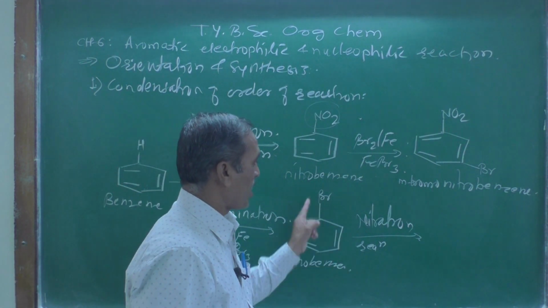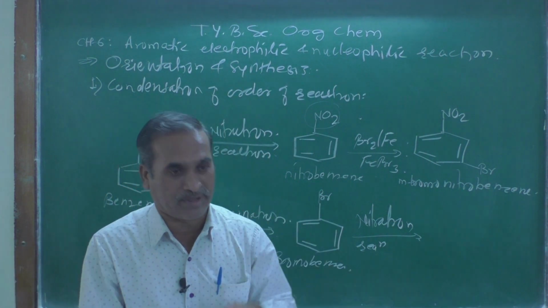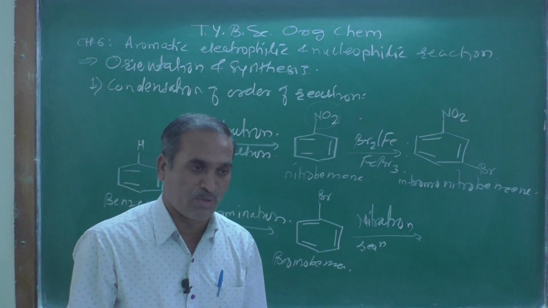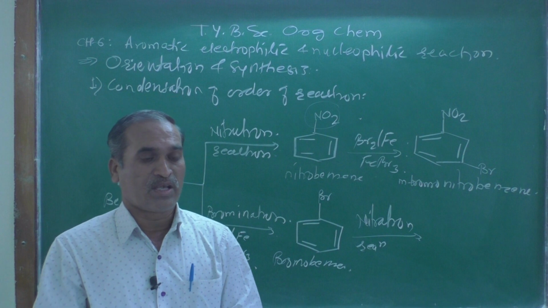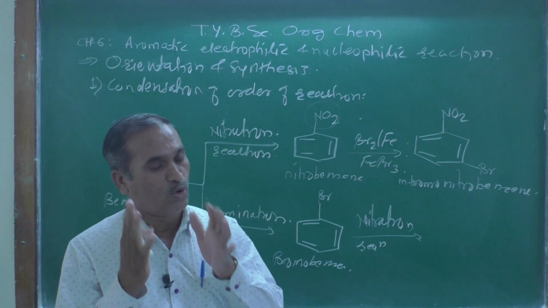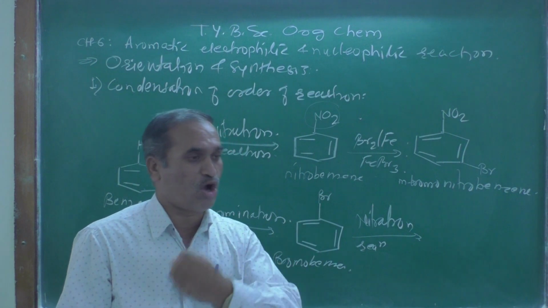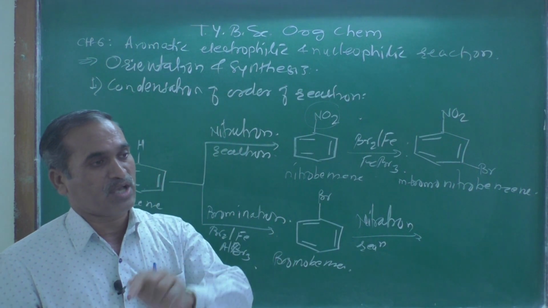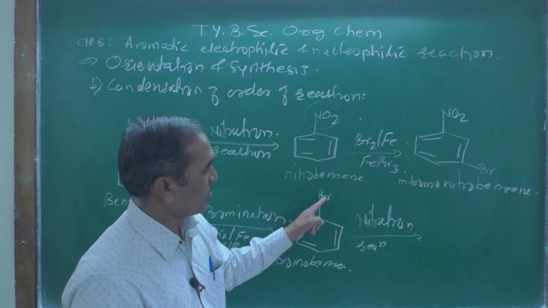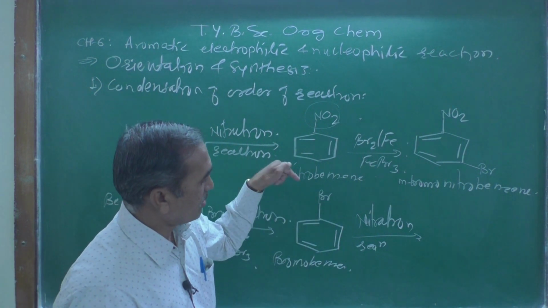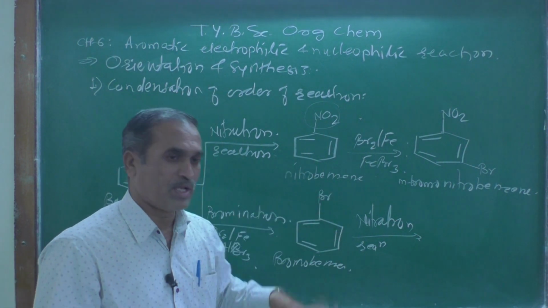But here, look at the halide group. Now it can direct the incoming group. The bromine atom has an unusual orientation, because bromine is an electron withdrawing group with a minus I inductive effect, so the reactivity is decreased.